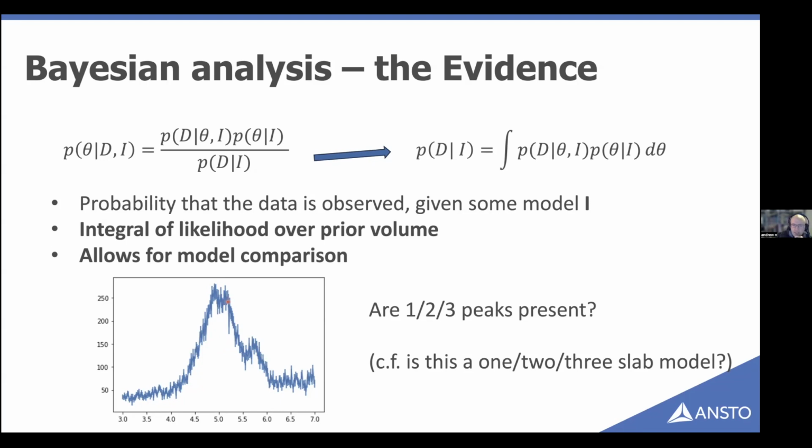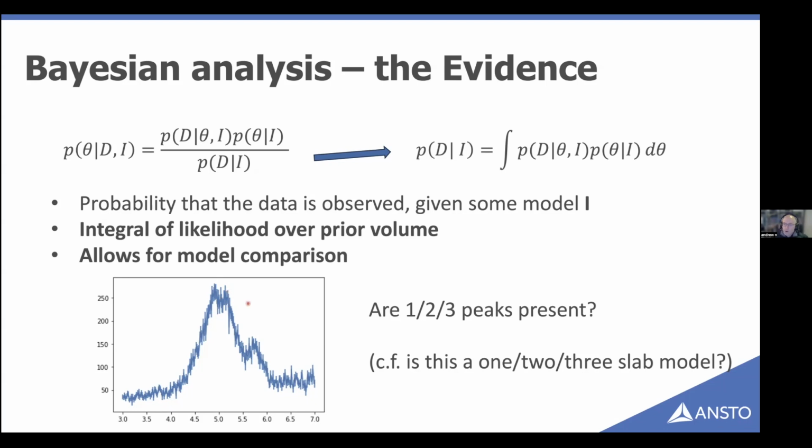For scattering, instead of 1, 2, 3 Gaussians, in a quasi-elastic neutron scattering system it might be, are we going to use one Lorentzian, two Lorentzians, or three Lorentzians to fit this peak? In reflection terms, we've described our model with a series of slabs.